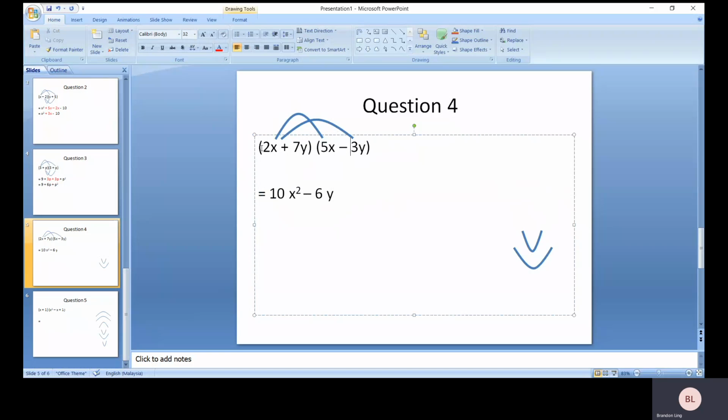So 3 times 2, you get 6. And then you have another x here. So 2x times 3y, you get the value of 6xy here. So next we move on to the next, 7y times 5x. You get the value of 35xy, followed by minus 7 times 3, you get 21y squared.